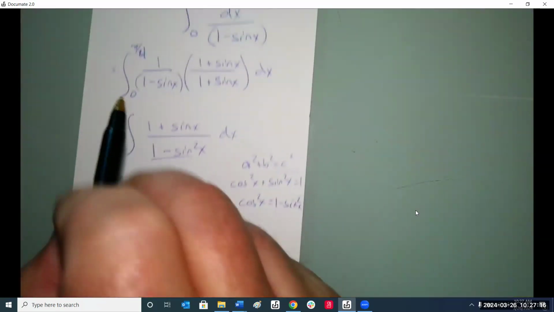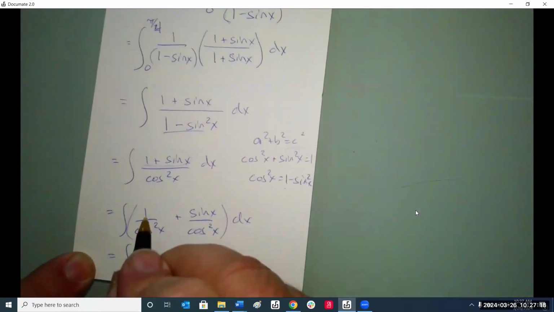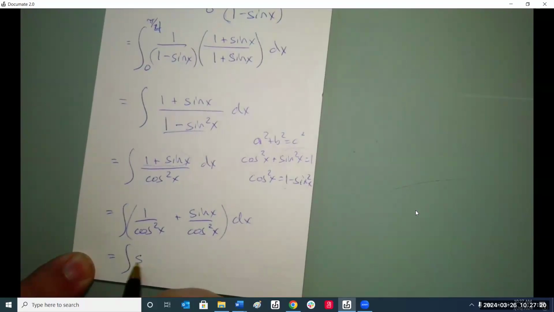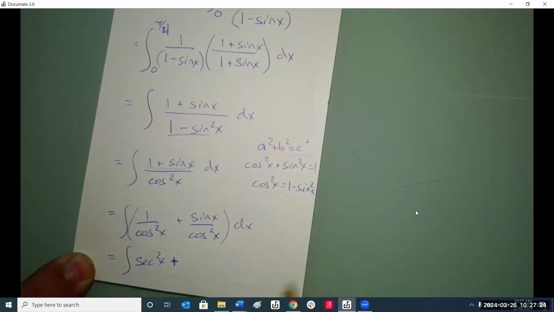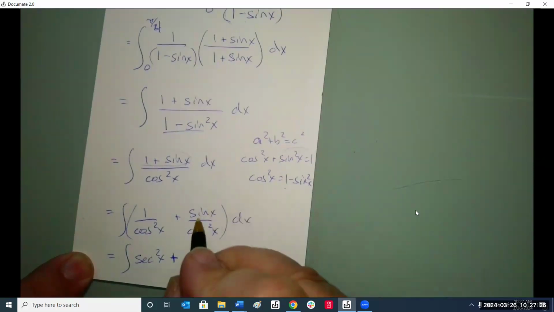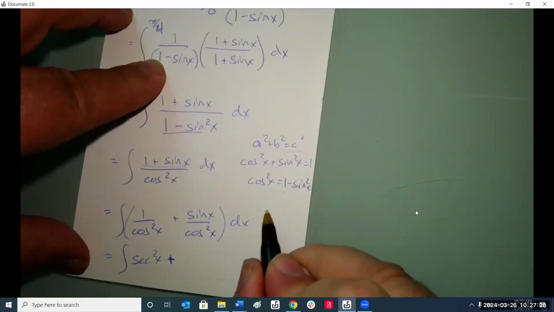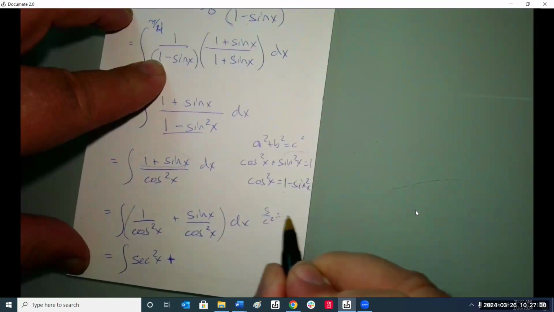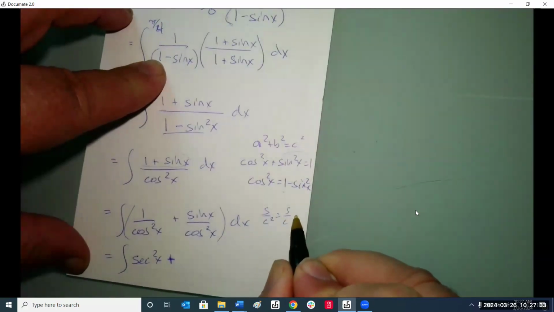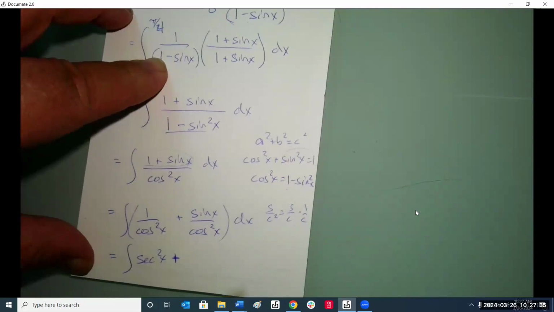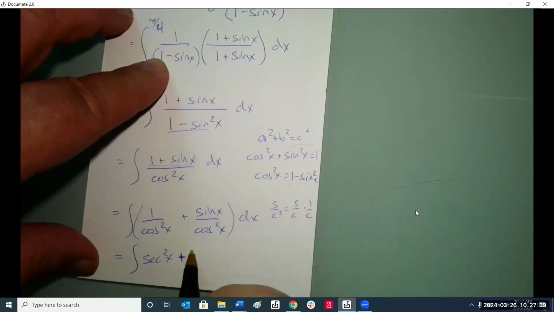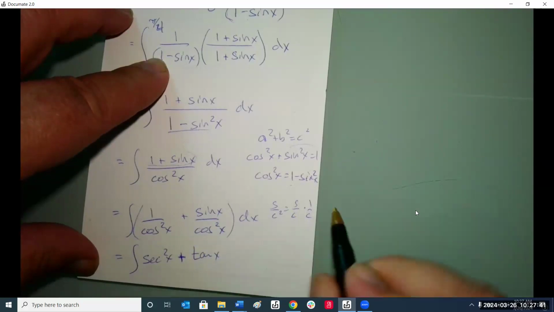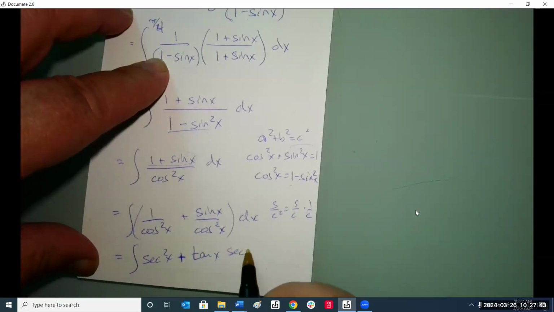Remember, we're still going for the bounds from 0 to pi over 4. 1 over cosine squared is secant squared plus what we have here, sine over cosine squared, which is sine over cosine times 1 over cosine. Sine over cosine is tangent. 1 over cosine is secant.